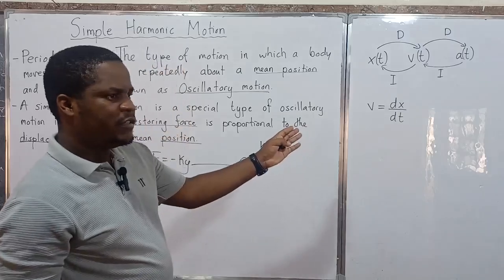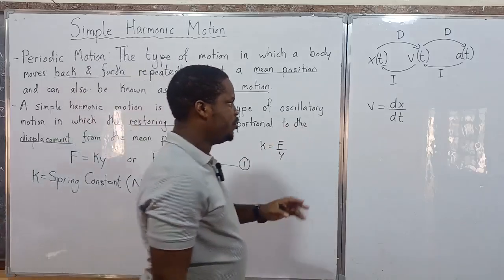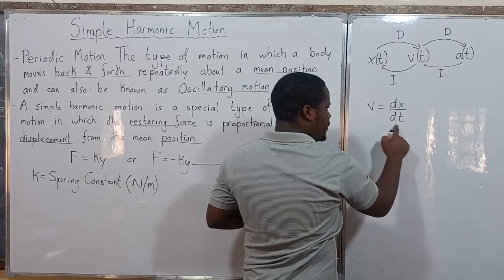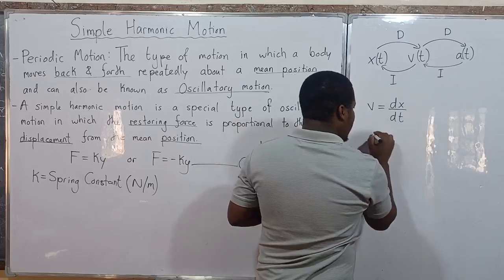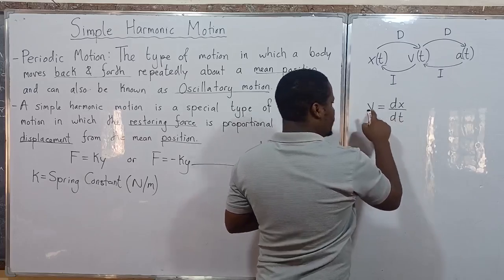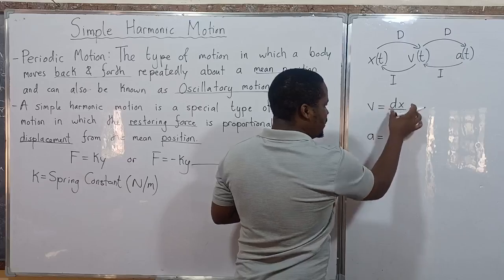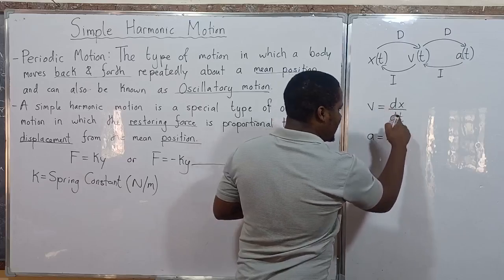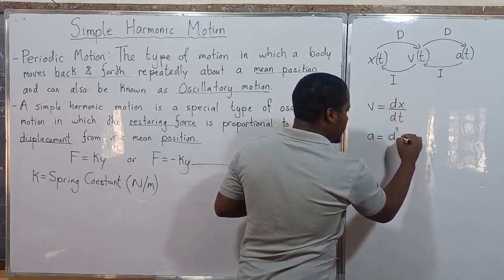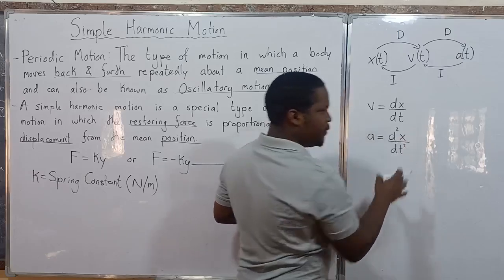So now that we have velocity, how can we move from velocity to acceleration? Well, we have to differentiate this function. So to get to acceleration, we have to differentiate velocity. Velocity is the same as dx/dt. So we're differentiating dx/dt, hence we're getting this derivative here.